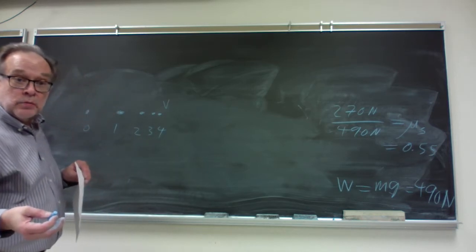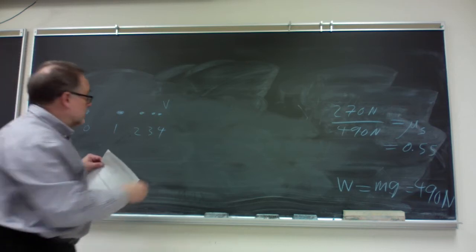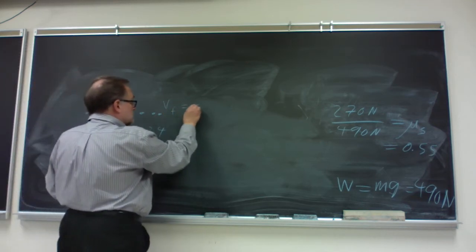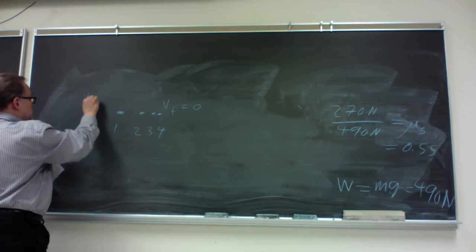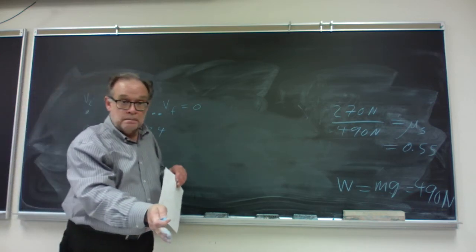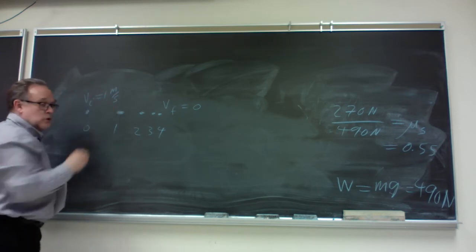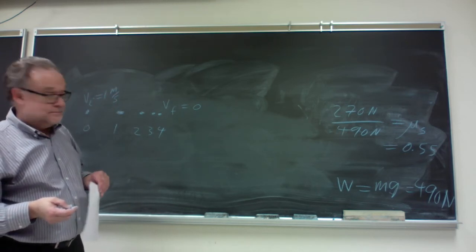That's the final moment when we're interested in things. So that's the final velocity, which is 0. And the initial velocity it has, as soon as it leaves the hand of the pusher, is, let's say, 1 meter per second.